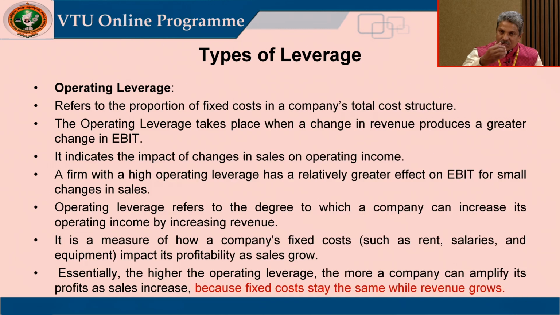When the revenue is 2 lakh rupees, the fixed cost is the same: 60,000 rupees. Not all the expenditure, because when production increases, material cost and other overhead costs may increase. What we are talking about is the fixed cost element, the salary, rent, etc., which stays the same at 60,000 rupees.